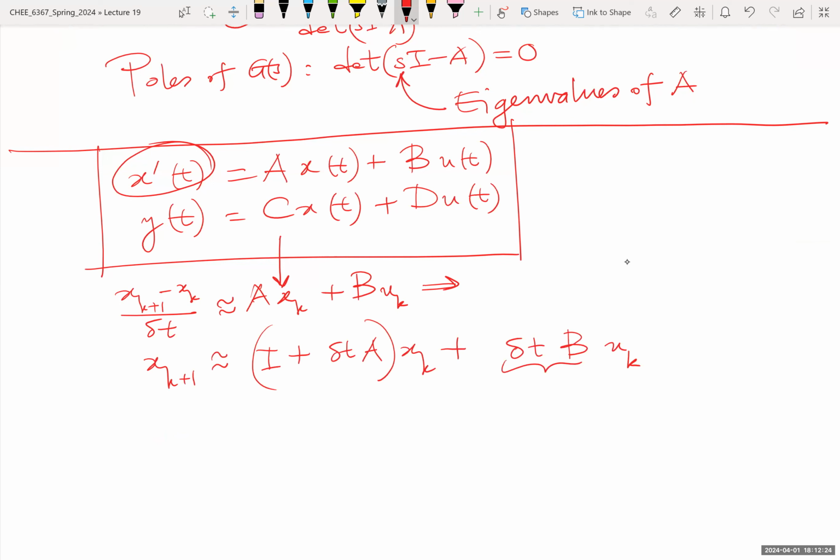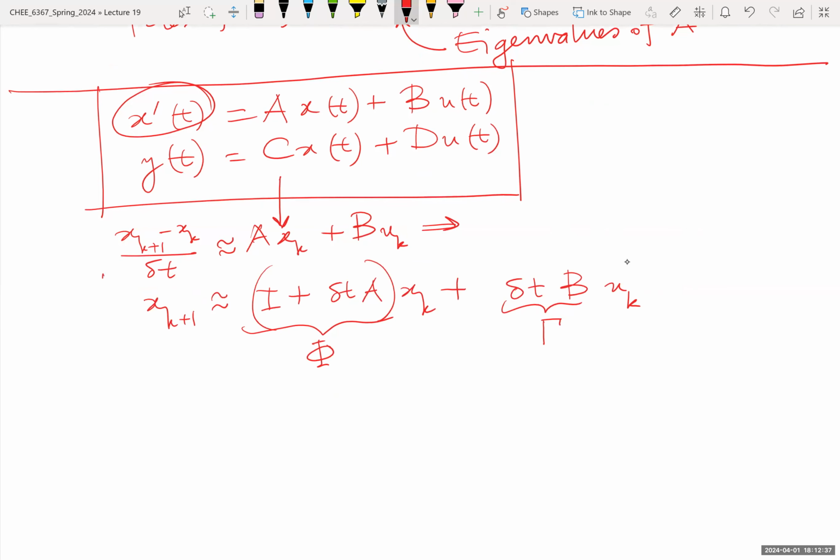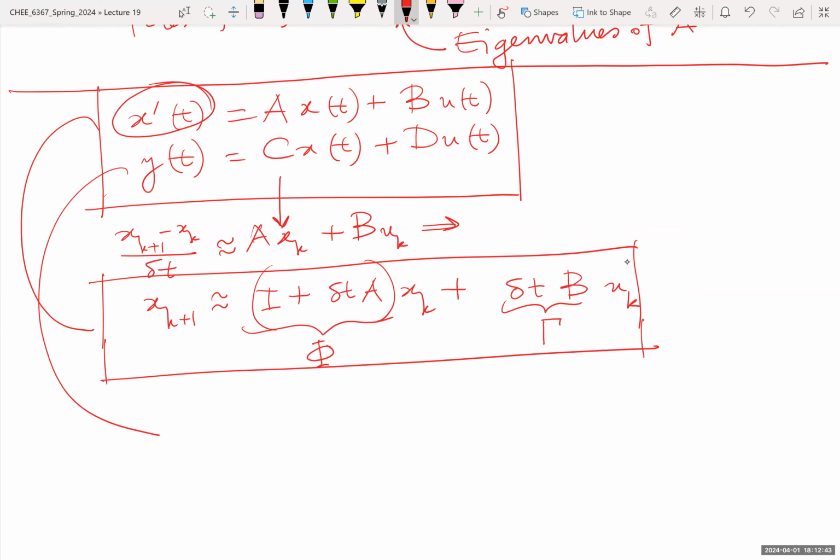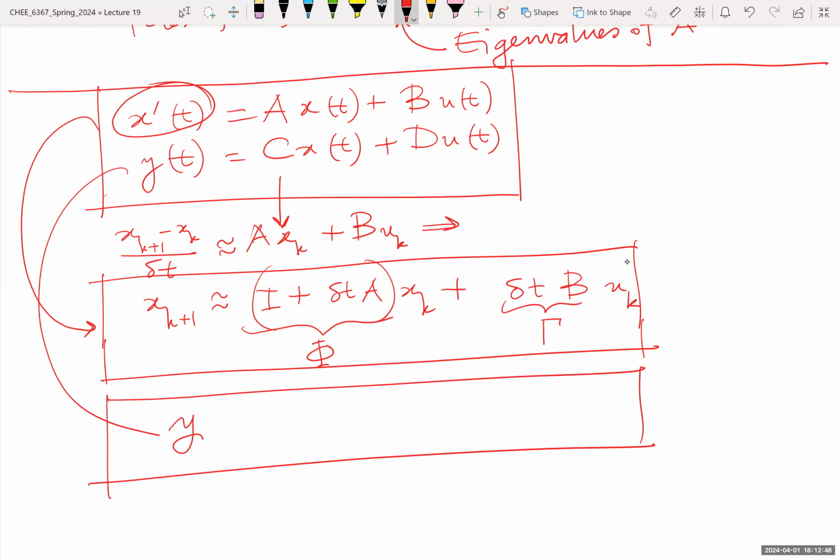And sometimes this is called a matrix phi, and this is called a matrix gamma, and this is an approximate representation of my system in discrete time for the state equations. And the output equations are trivial. This was for the input. The output equations are trivial because they're algebraic. So you just have y_k exactly equal to C x_k plus D. Okay, it's these that are the important ones that capture the dynamics of the system.